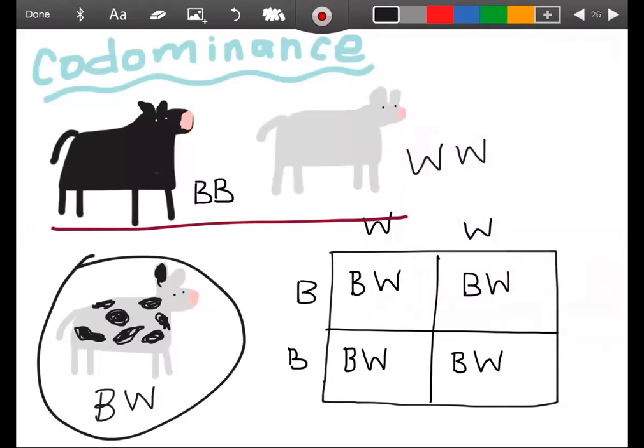And so this is an example of codominance. And this is also something that you would see in certain cats. So calico cats, I believe, also express codominance. So they express orange and white, if I remember correctly. But yeah, that is codominance.